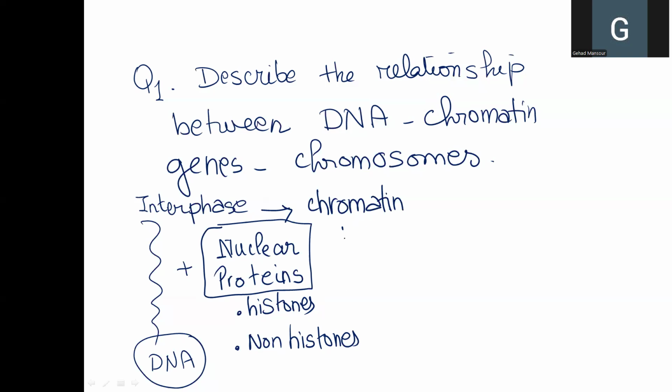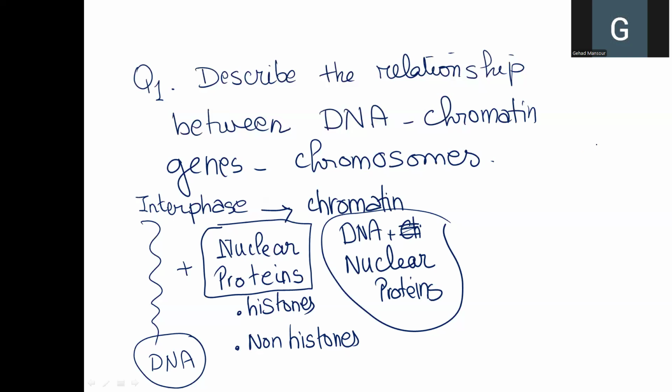And chromatin consists, therefore, of DNA plus nuclear proteins, almost in the ratio 50% to 50%. So when we say that in the nucleus during interphase, we see a basophilic blue chromatin network, then we just mean that DNA has been bonded to histones and non-histones, but not yet condensed. This is in the interphase.